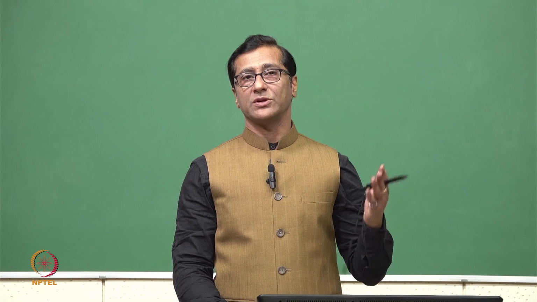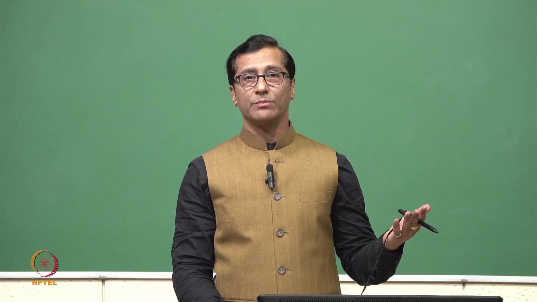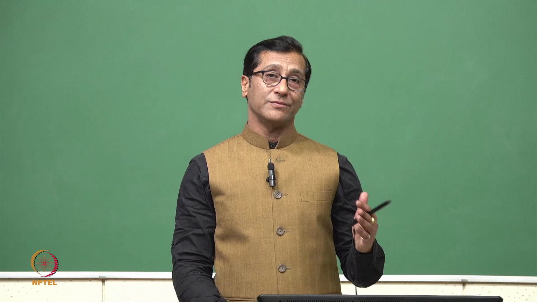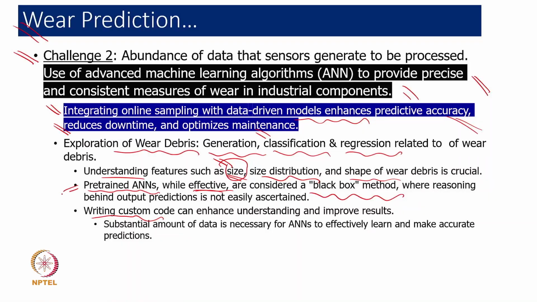We know that the number of layers in a pre-trained ANN will be something like 140, 150, or 200 layers, which is very important because we really want to diagnose each and every feature of the wear debris, even the surfaces from where it is coming. For that purpose, the pre-trained ANN will be really required.